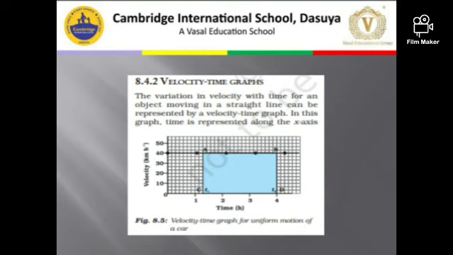Then we did how to find the area under the velocity time graph. For that, we draw perpendiculars from the time axis onto the line, locate it as AB, and then find the area under that figure. That area will tell us the distance or displacement covered.